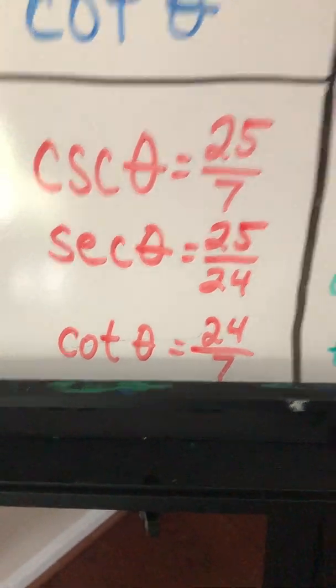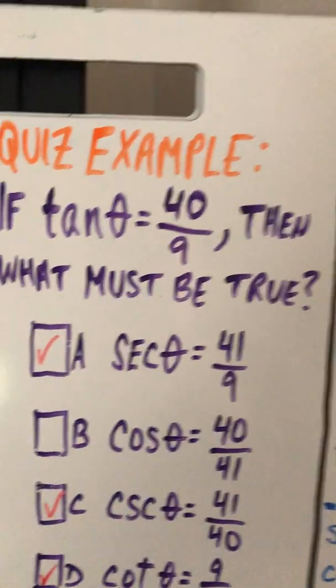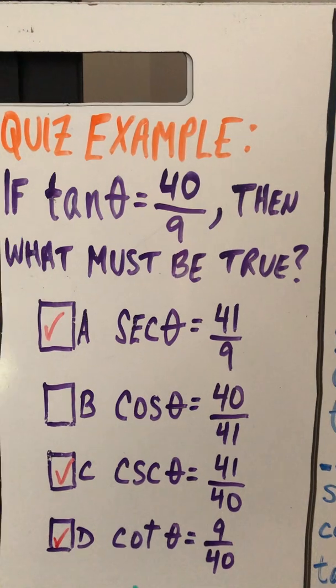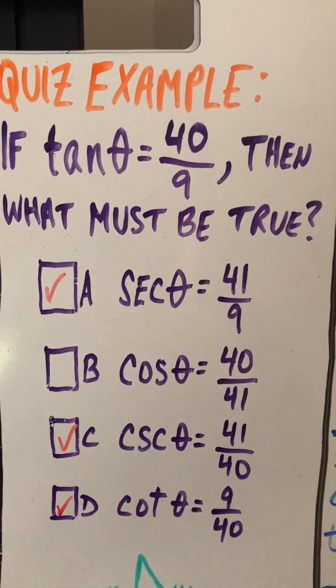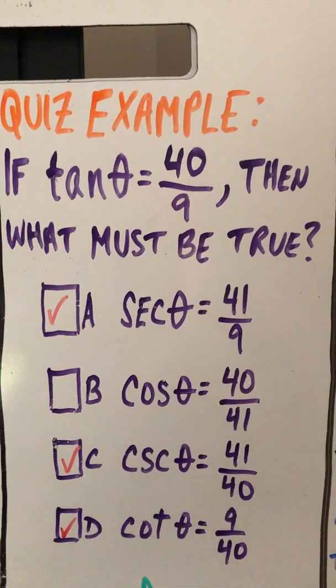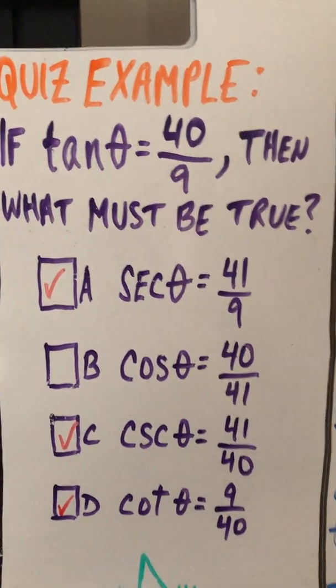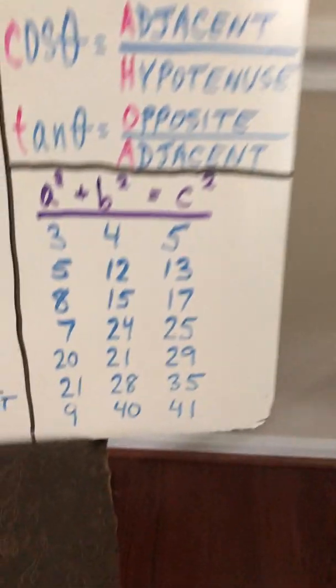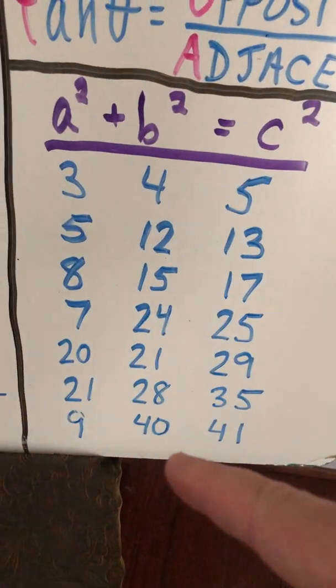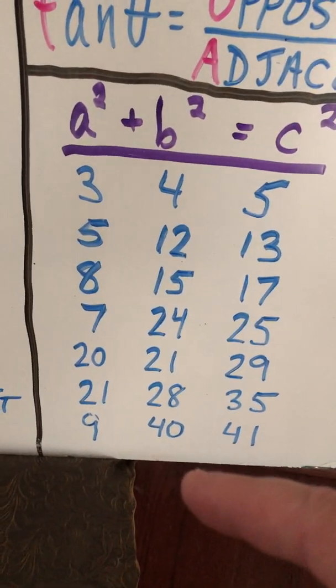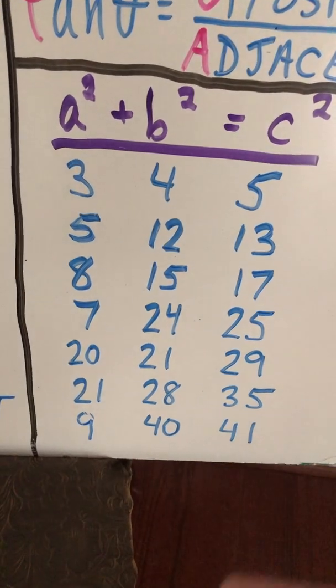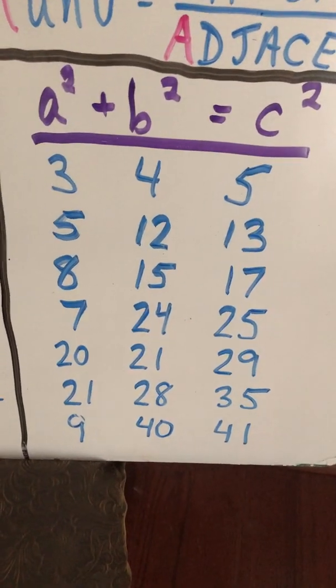Here's your quiz example. If tan of theta is 40 over 9, then what must be true? Well, if tan of theta is 40 over 9, once again we're going to be using this. 40 over 9 is opposite over adjacent, meaning 41 is the hypotenuse.